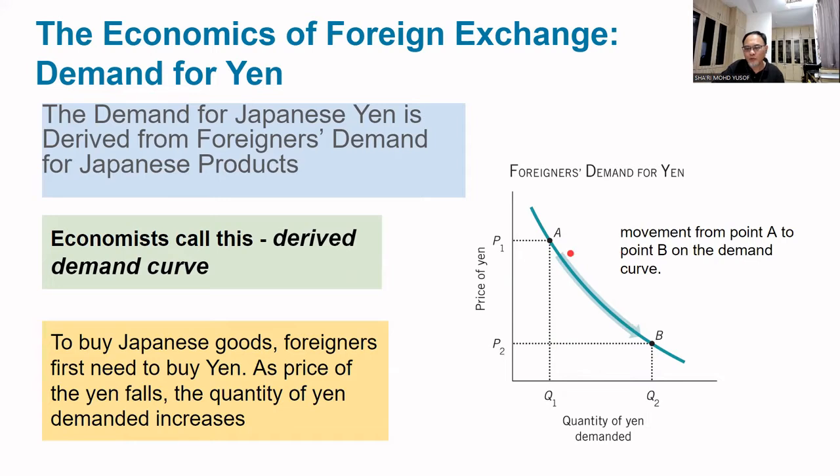So the movement from point A to B on this demand curve is in terms of the foreigners' demand for Japanese products. So you need more yen to buy the products. To buy the products, more yen, the yen will actually reduce in terms of value.